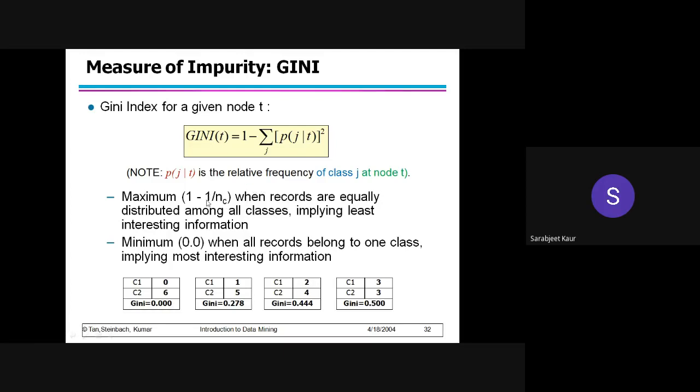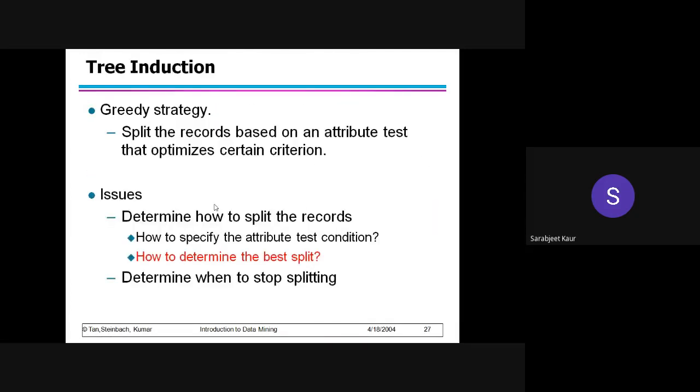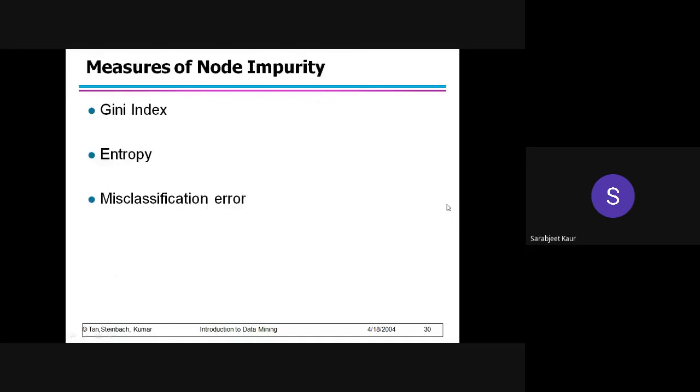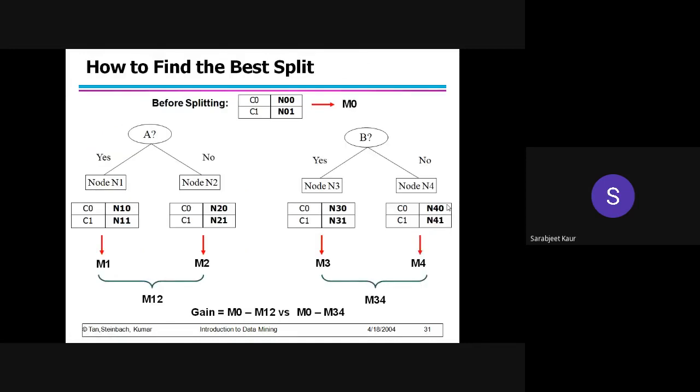And the worst case is the case, if you remember, where we had discussed the case of a student ID. Each student belongs to a class of its own, because it is different, right? So we have one in each class, so in that case, the worst case will occur.